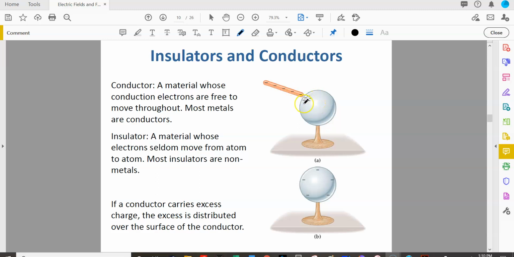It's dumping exactly 5 electrons onto this conductor. Immediately, these electrons are going to space out as far apart as they can if it's a conductor. However, if it's an insulator, where you dump those electrons, they're going to stay right there.